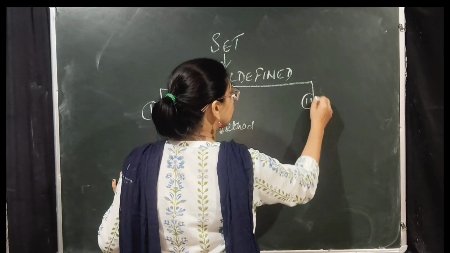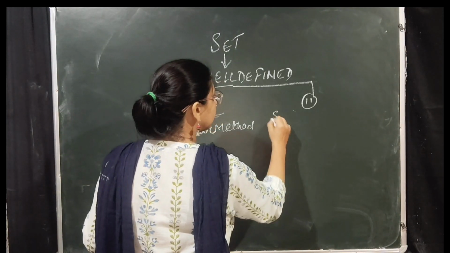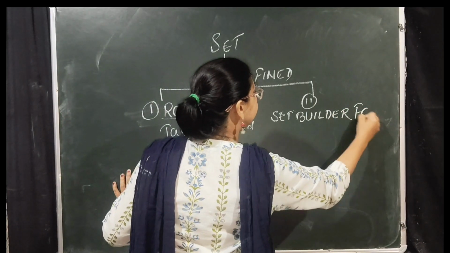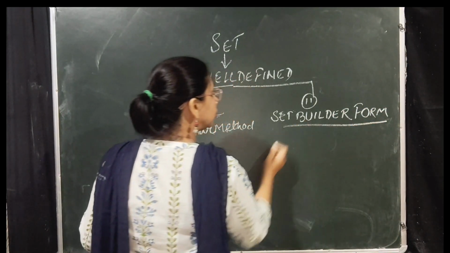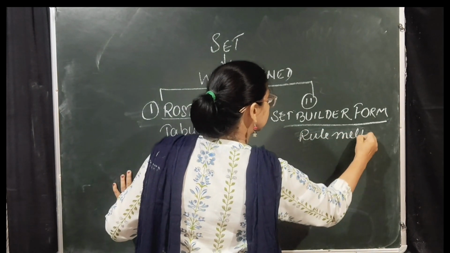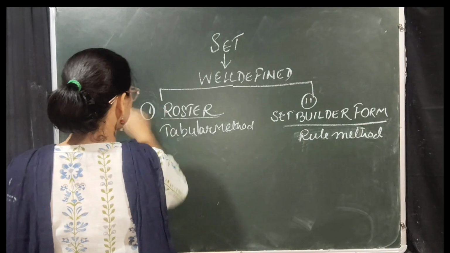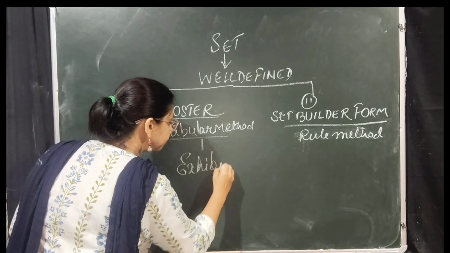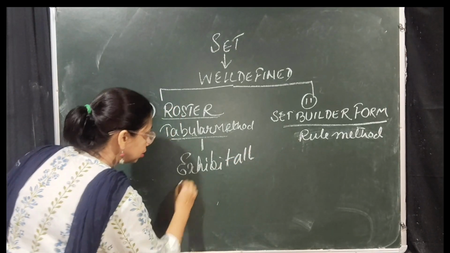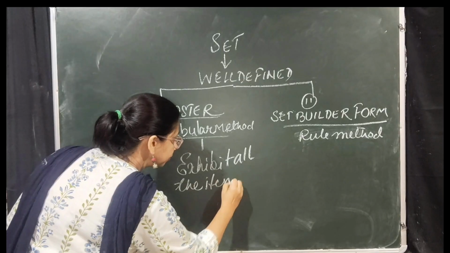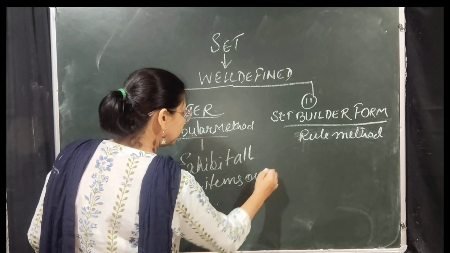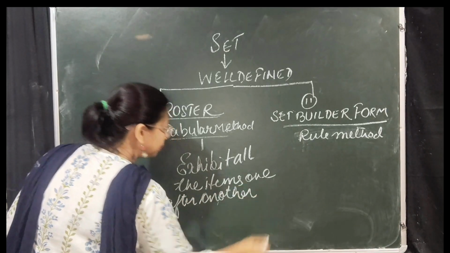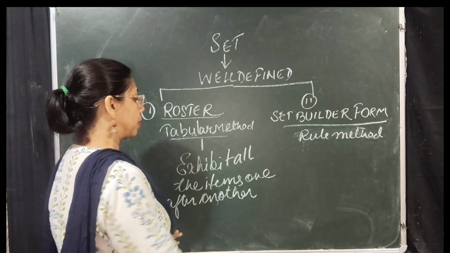The second is set builder form or rule method. In this case, we exhibit all the items one after another, separating them using comma.